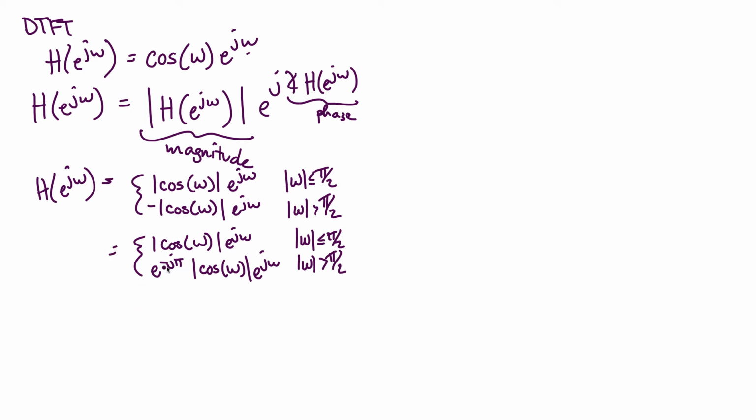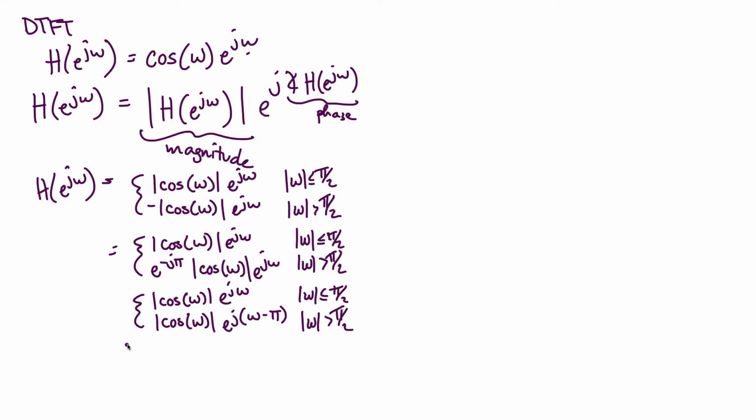And so noticing that this negative sign is an angle, we can then put it into our angle part, which is the imaginary exponent part, omega minus pi. Okay, so this is for omega greater than pi over 2. All right, so this is great because now notice here that the magnitude is the same and that it is always positive, that it is a magnitude, right? And we've arranged our angle as well.